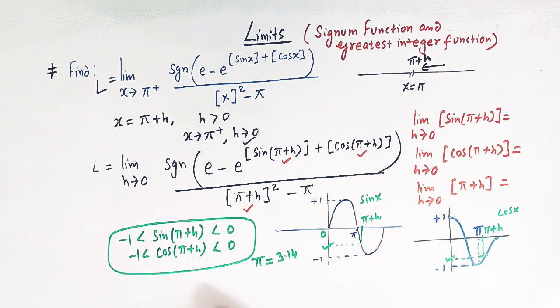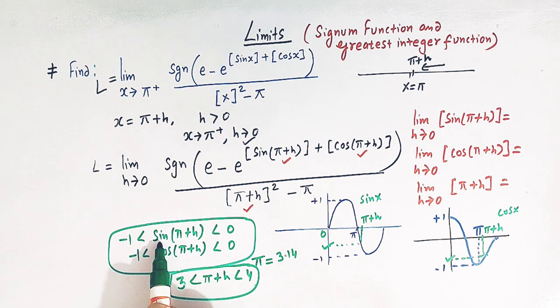So pi plus h is slightly greater than pi, or we can write 3.14 something, because when we add h to pi, then pi plus h is greater than 3.14, right? So pi plus h is greater than 3, but it is less than 4. So this is also a very important point here, right?